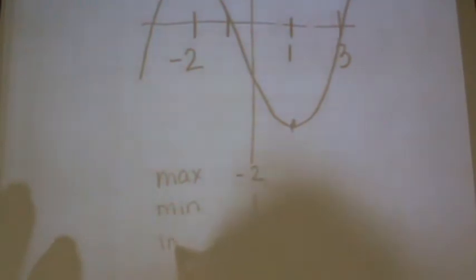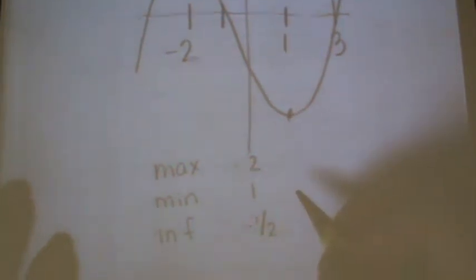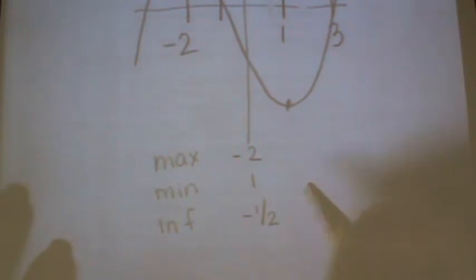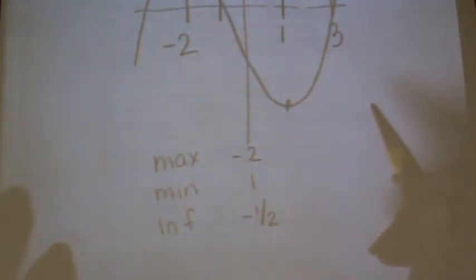What would be the inflection point? You would add these 2 up and divide by 2. Be -0.5. Can you tell me the interval where it's concave down?